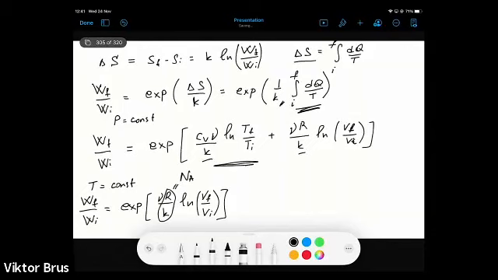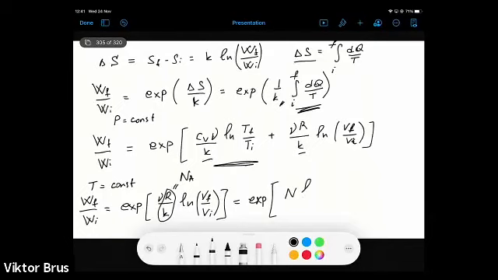Okay, that's good. So now we have the number of moles nu times Avogadro's number, and that gives us the total number of particles or molecules in our container. So we can write the exponent of n, the total number, multiplied by the natural logarithm of V final divided by V initial.